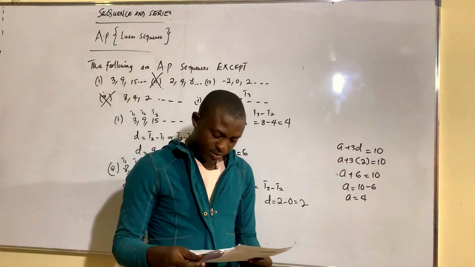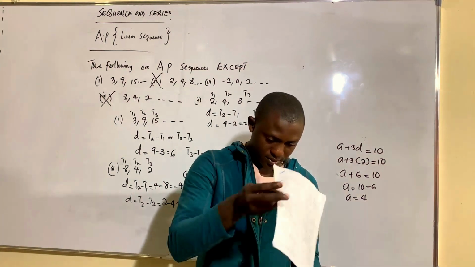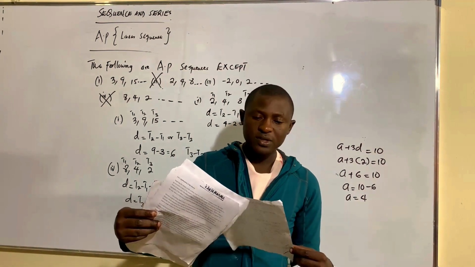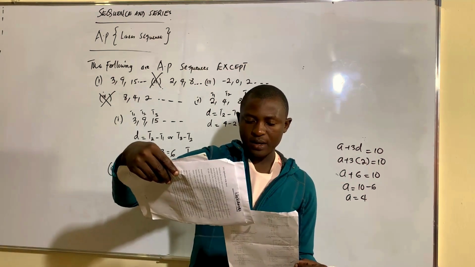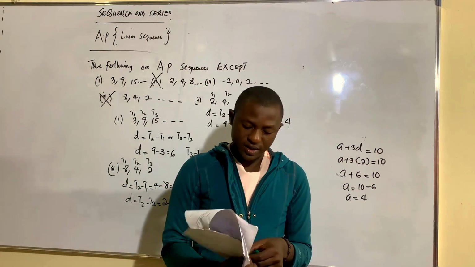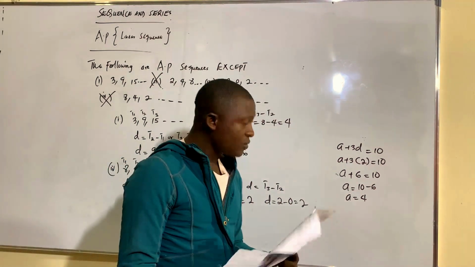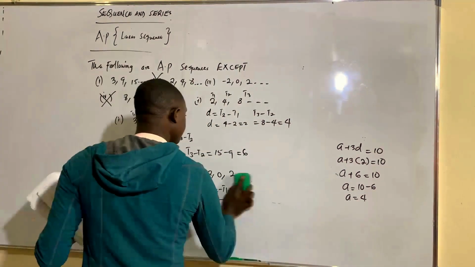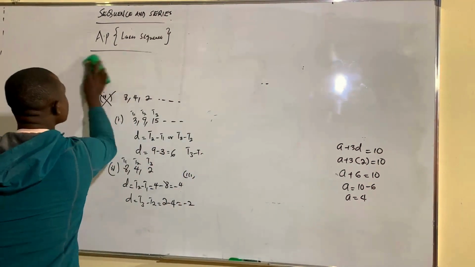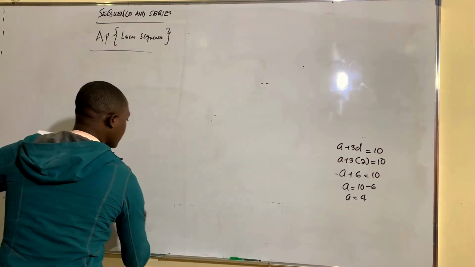Let's take a look at some problems. In some situations, you may be given the terms in the form of... okay, let's look at these questions. It's a lovely question. Let's look at this.